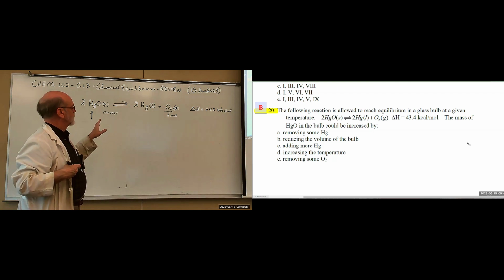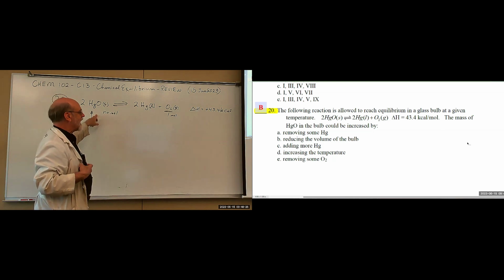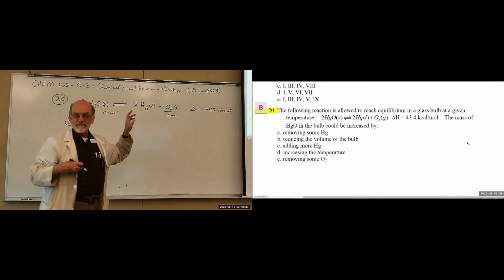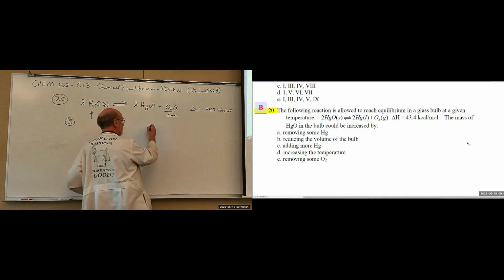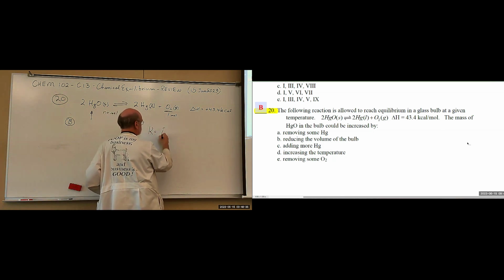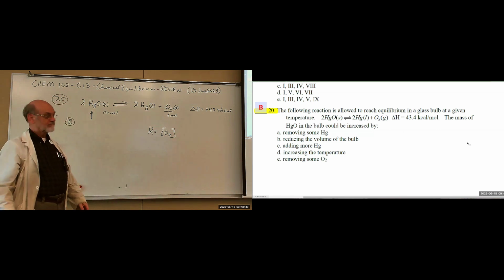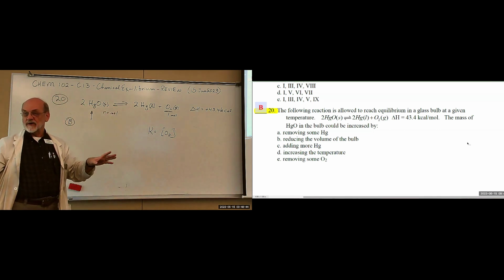Mass ratio would be increased. Increase this. If we add more mercury, would that affect the equilibrium? Right. What's the K? That's it. This is a pure liquid. This is a solid. They're not part of the equilibrium.